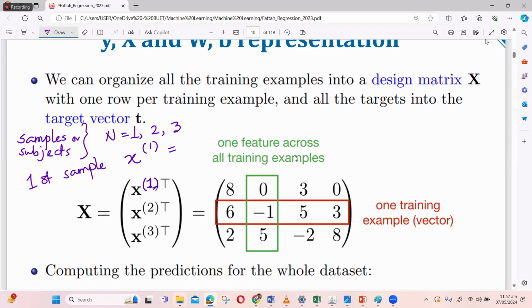If there is only one feature, the answer is the only feature is 8. But we can see that there are 4 features for this person. So what are those 4 features for person 1? 8, 0, 3, 0. It is given. So this is a vector. For the first sample, the feature is like this.